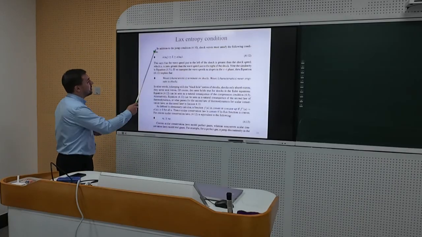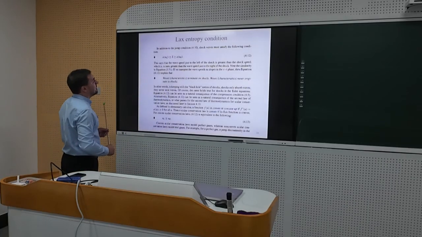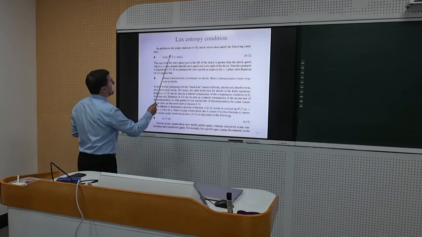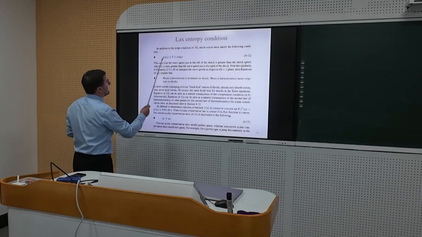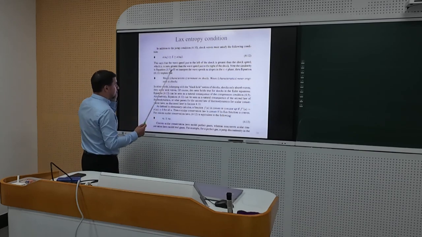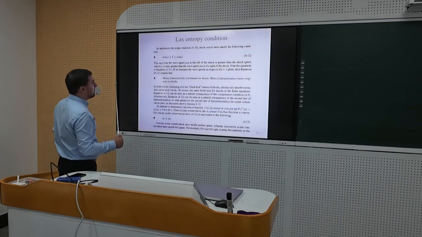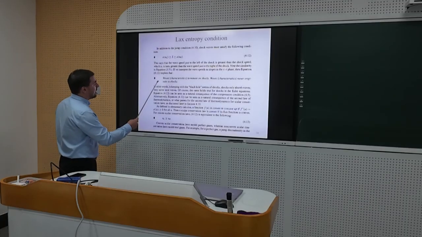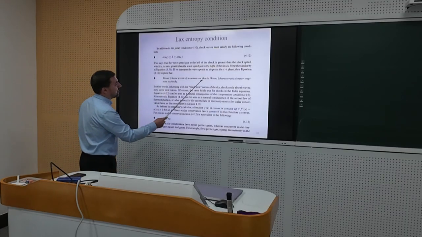But if you take into account the second law of thermodynamics, it's called the Lax entropy condition. The jump condition, the shock wave must satisfy the following condition. So this is the speed of propagation to the left. It should be greater than the speed of the shock wave, and it should be greater than the wave propagation to the right of the shock wave. Or it can be proved that it's just the same, that waves or characteristics terminate on shocks.